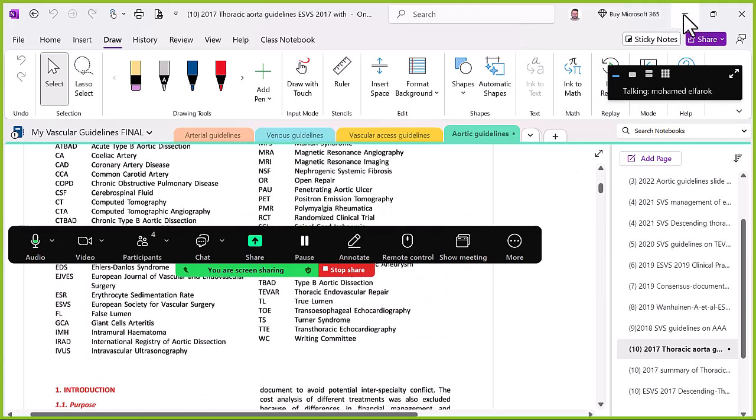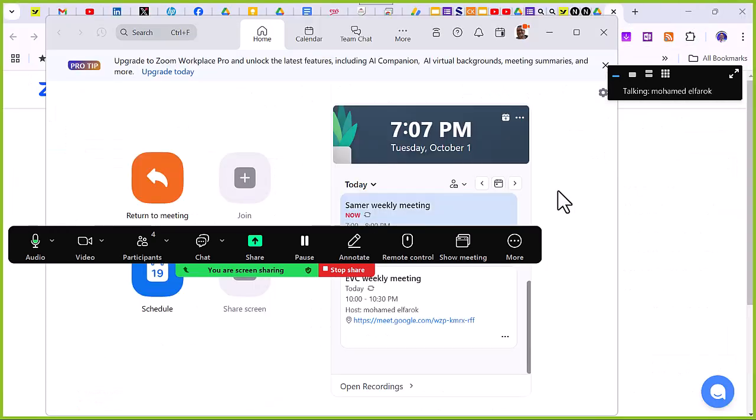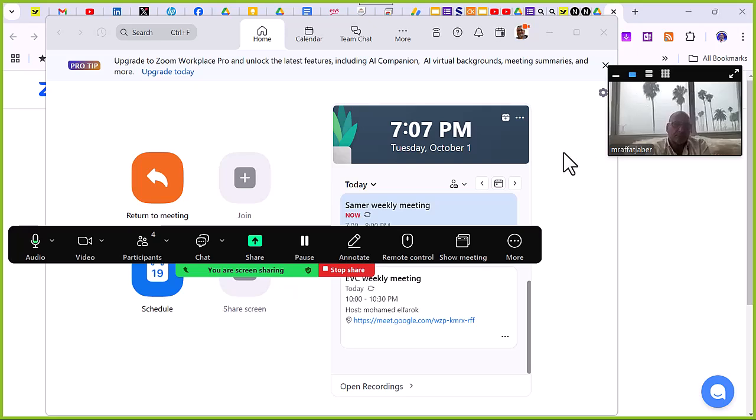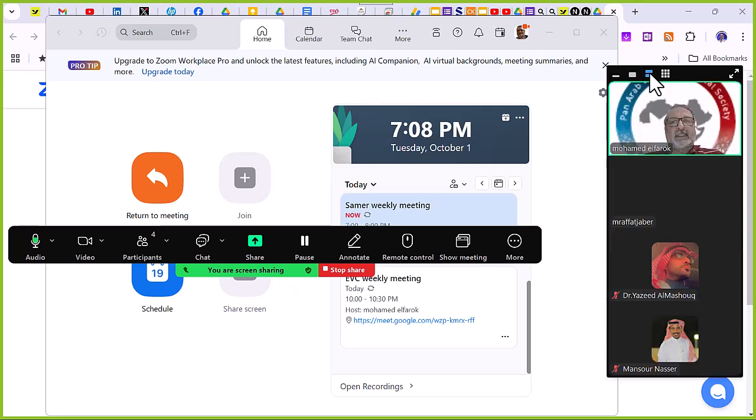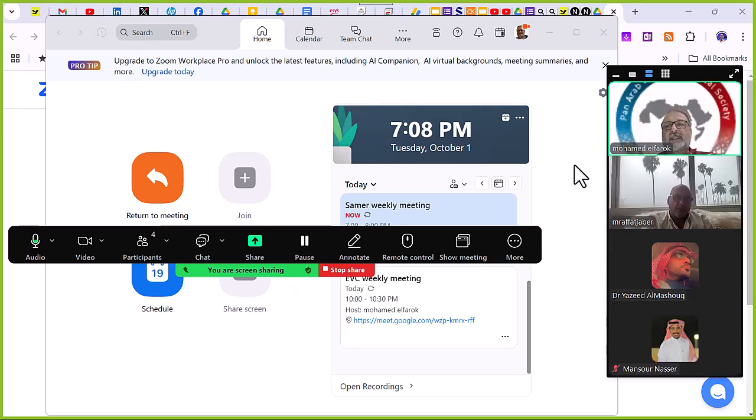So this way, I can study with Microsoft OneNote, and with this way, I can have all the old and the new, and I can know what happened and what changes had happened. Any comment from my dear colleagues? Do you have any questions?